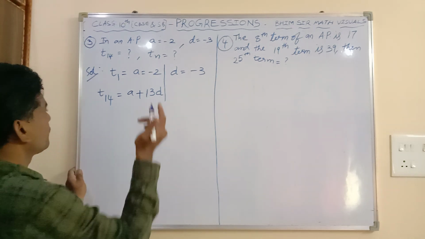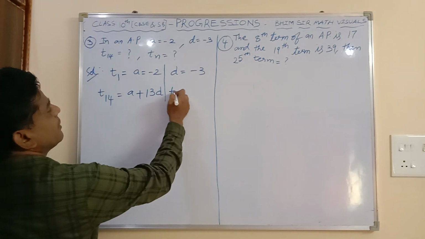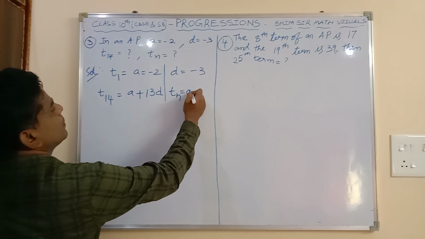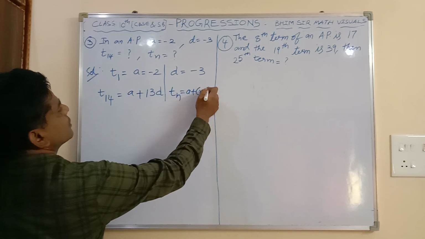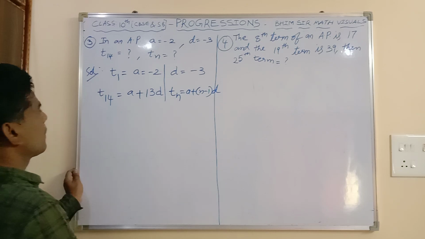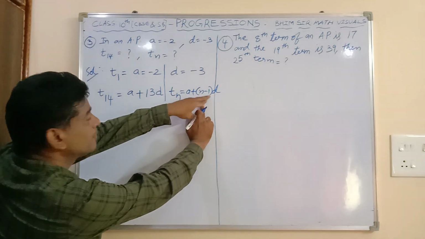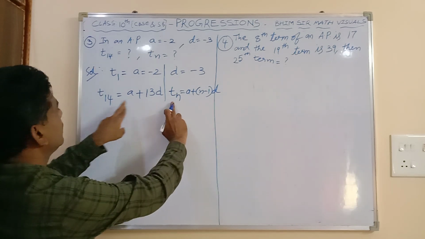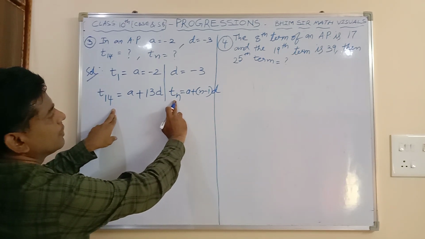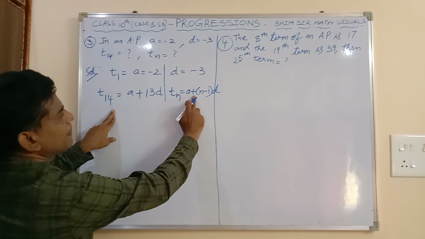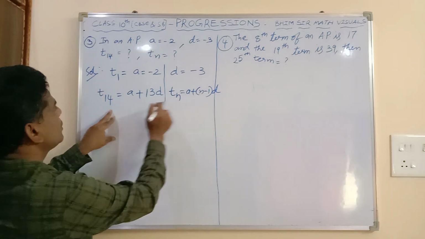You know that. Okay, so I am writing the formula here. Tn equal to A plus n minus 1 into D. Here substitute 14. 14 minus 1, so 13D will come. T14 is equal to A plus 14 minus 1, that is 13D.